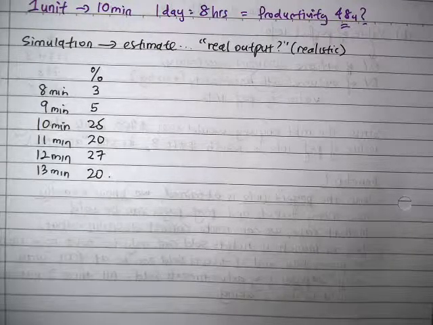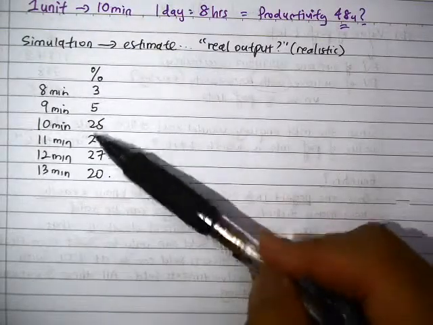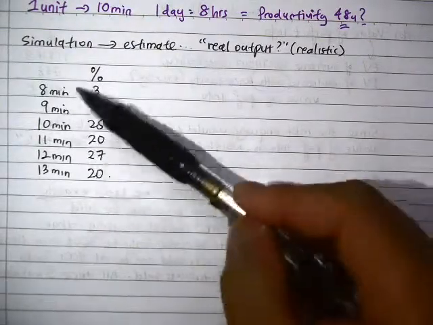So from the record, we realize that the chance in the past is 3, 5, 25, 20, 27, 20. Now this is the chance.